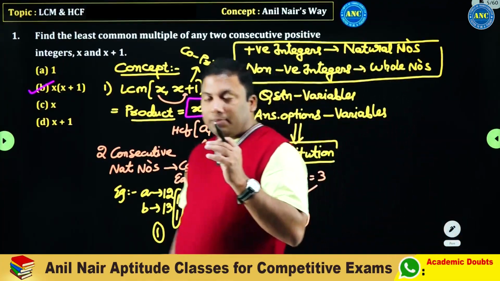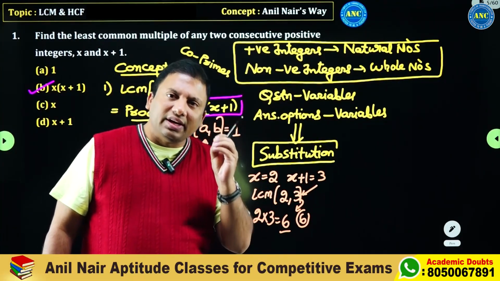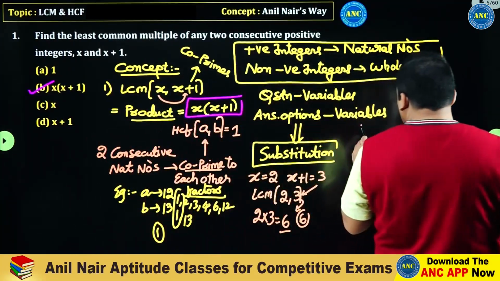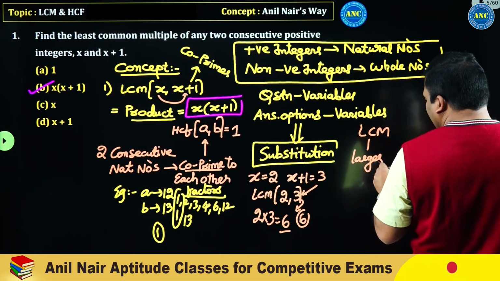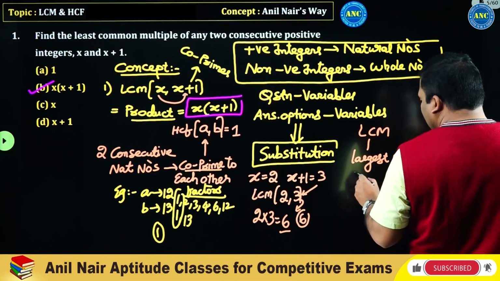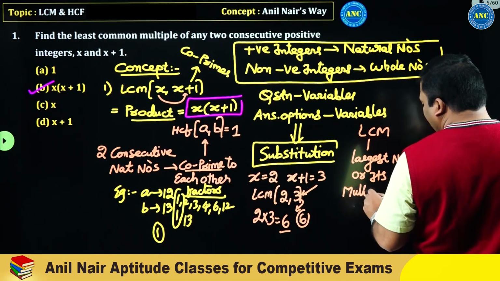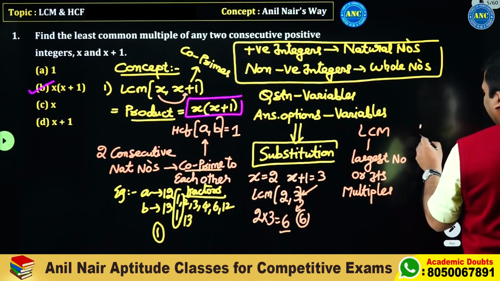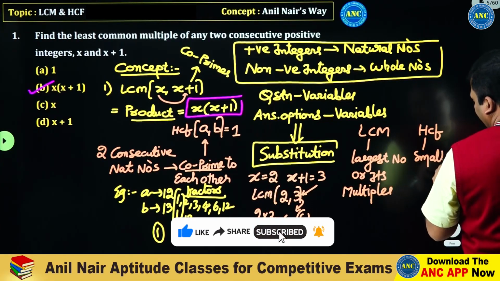Very important key point: whenever you are computing LCM, your focus will be on the largest number or its multiples. Then what is HCF? HCF always focuses on the smallest number or its factors. Very, very important point.